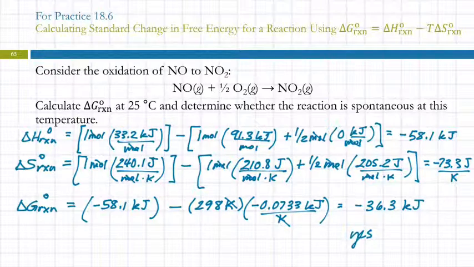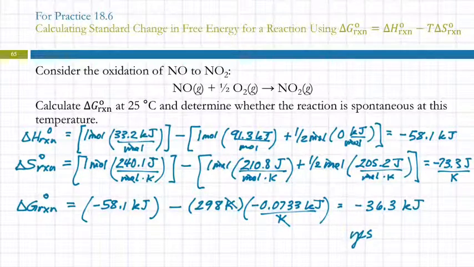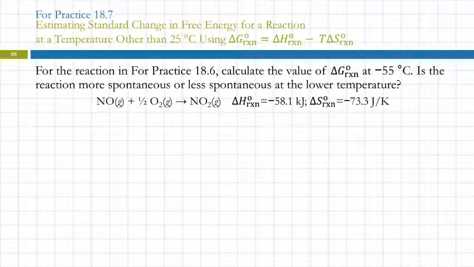Is that spontaneous at lower temperatures? That's a good question. So this is saying for that reaction where we just calculated, there's some sort of a typo in that sentence. We ended up with delta G reaction. Oh, I see. Never mind.